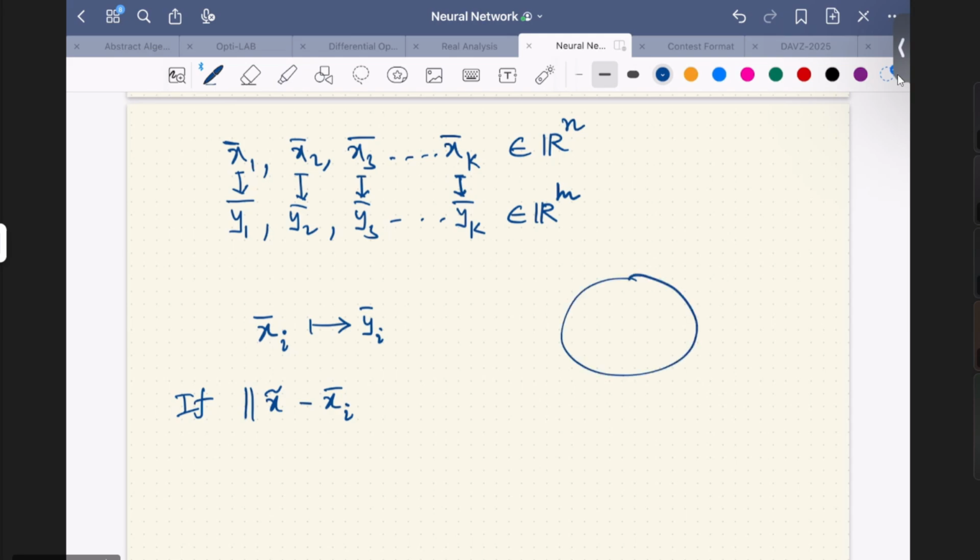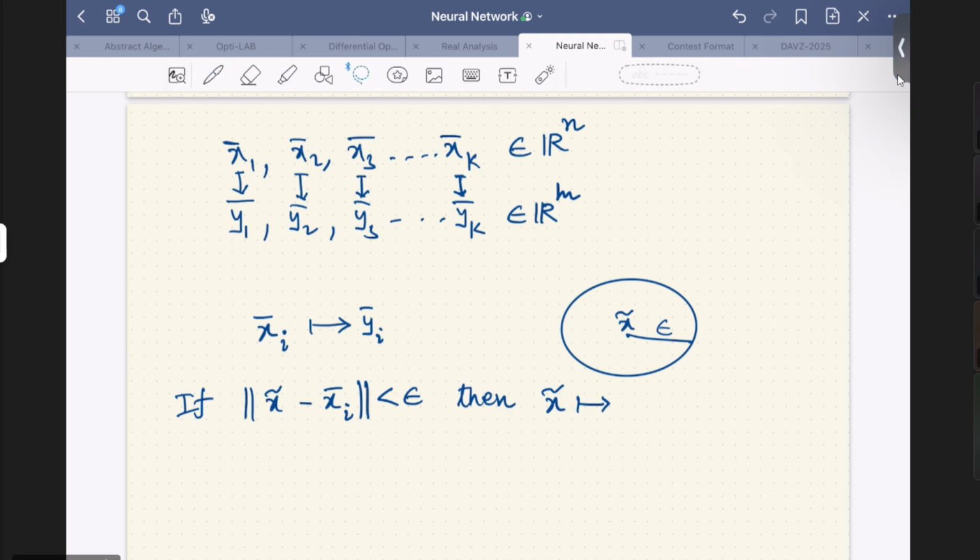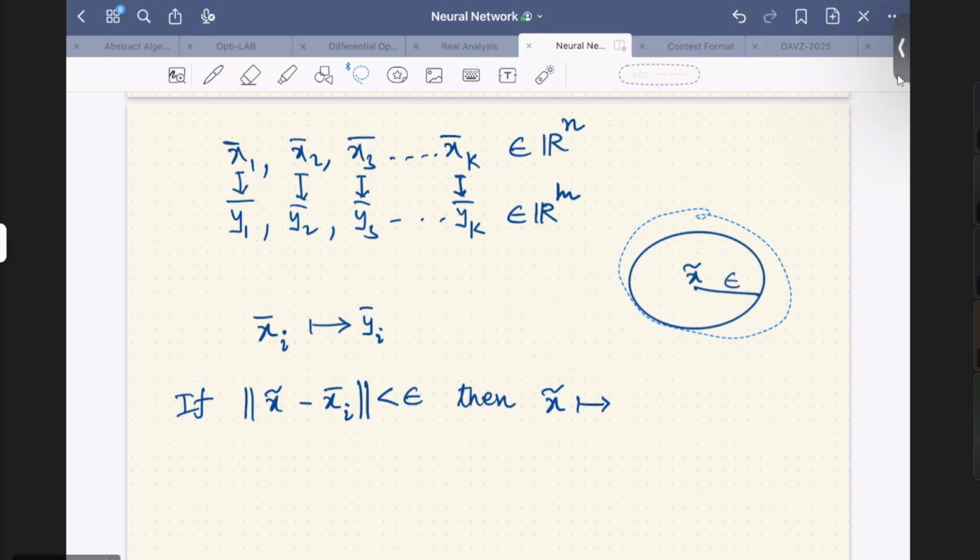That means if you choose some x tilde and there are xi's around it, and the norm of the difference is less than epsilon, so it is in the epsilon neighborhood, then x tilde is mapped to, can you guess what this could be?